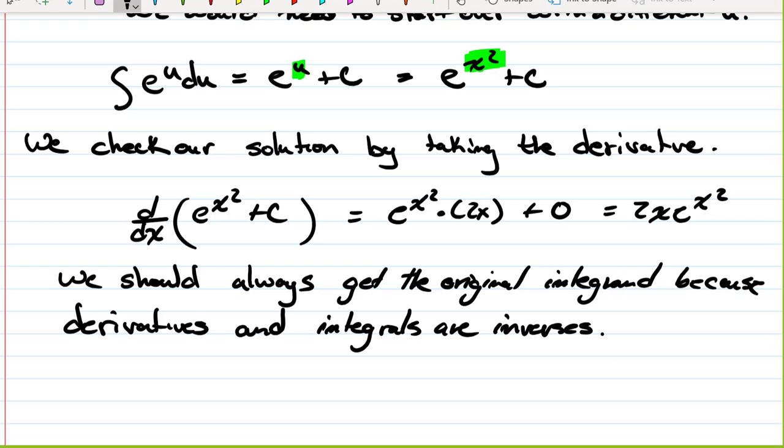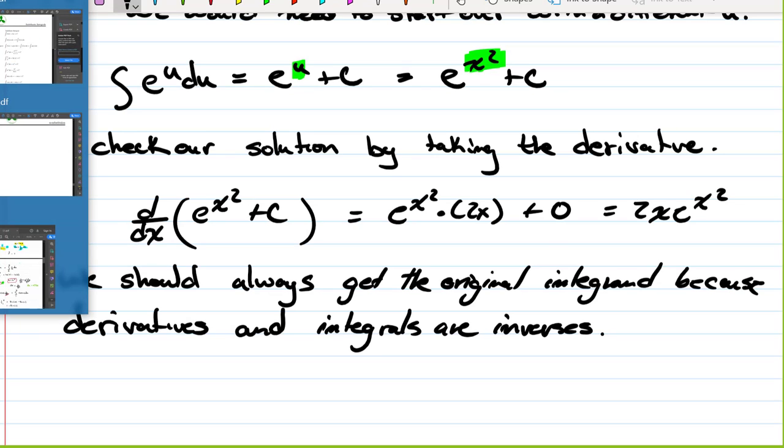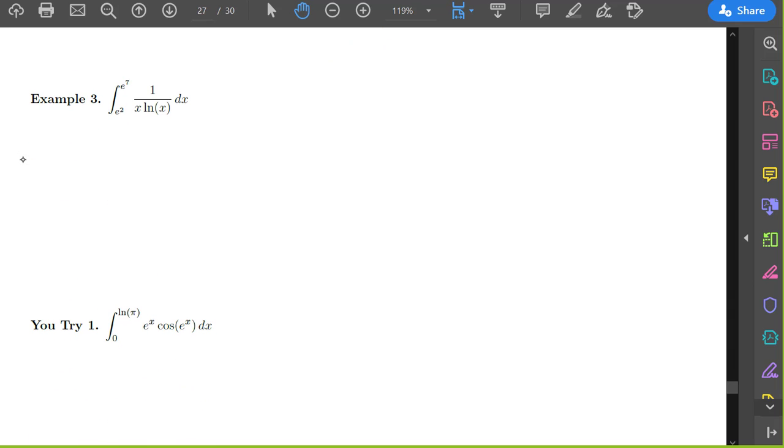So we should always get the original integrand. They undo each other just like addition and subtraction or multiplication and division. All right, let's keep going.